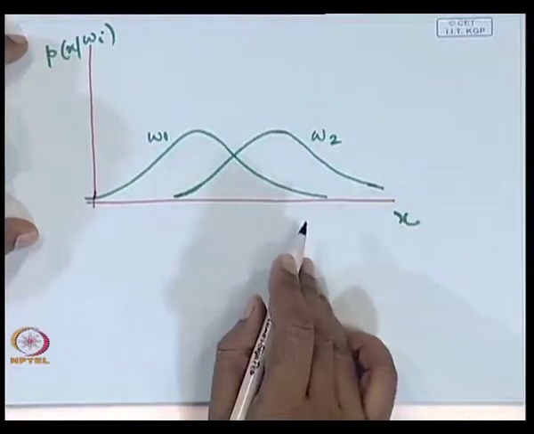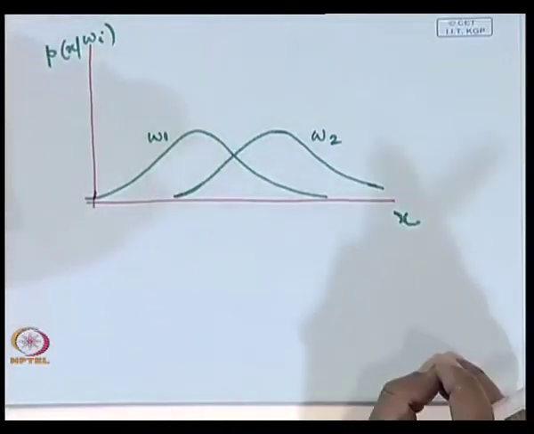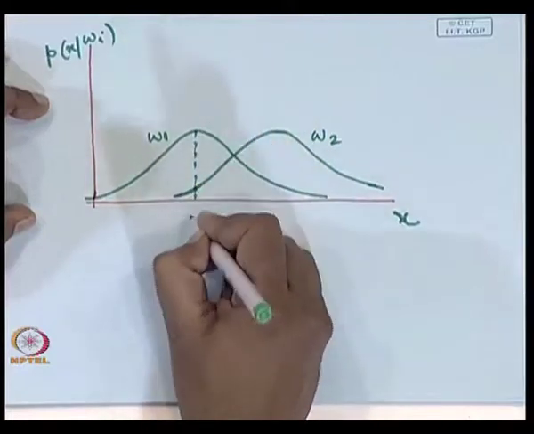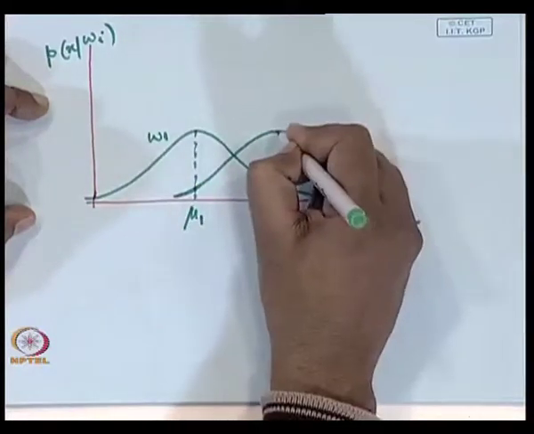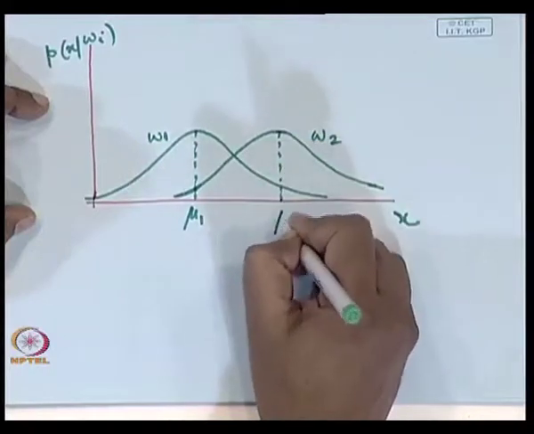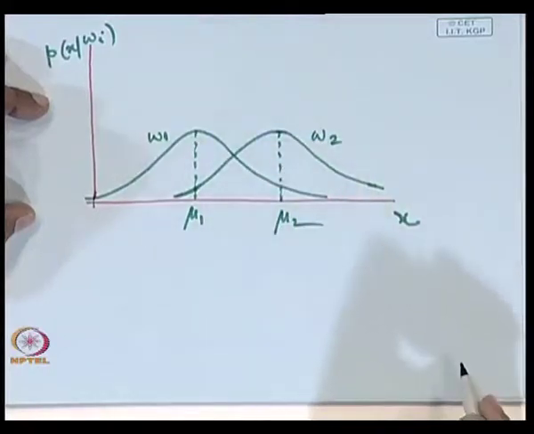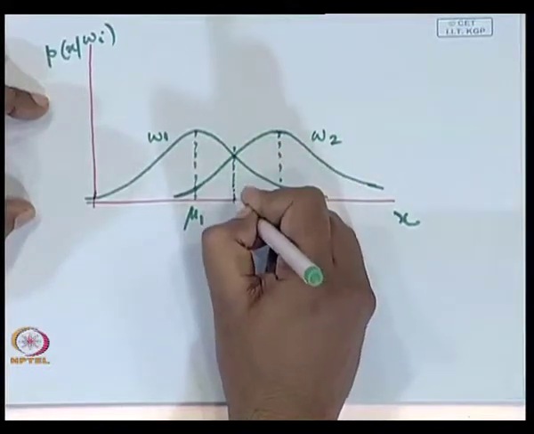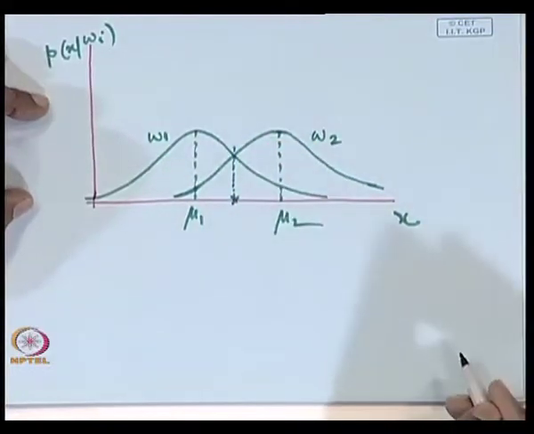If the a priori probabilities p omega 1 and p omega 2 are the same, and this is my mu 1 and this is mu 2, then my decision surface will be at the middle.